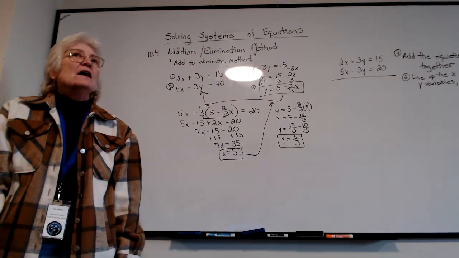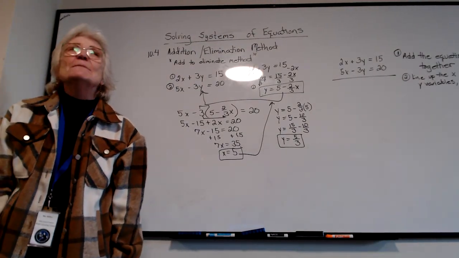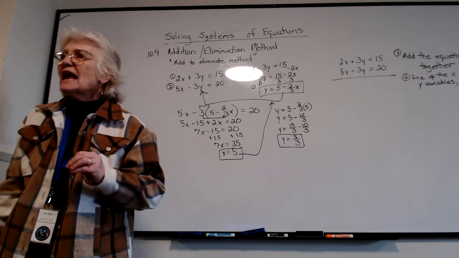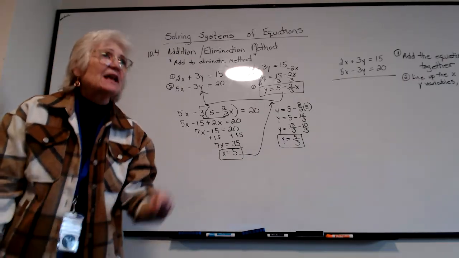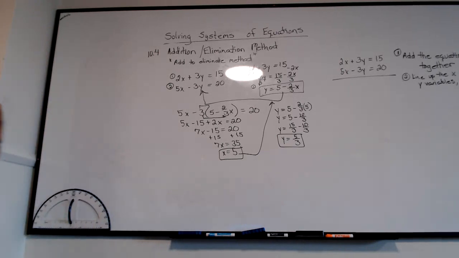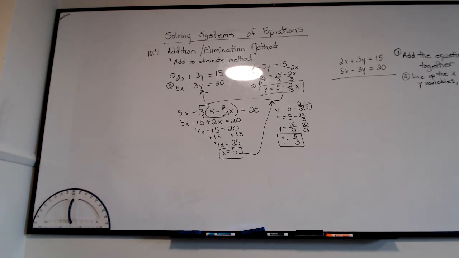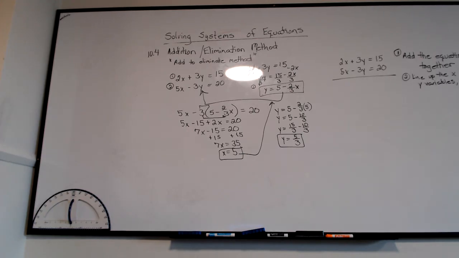Our goal here is to eliminate, when we add, we want to eliminate one of the variables. If I look at this set of equations right now, if I add them right now, would one set of variables be eliminated?